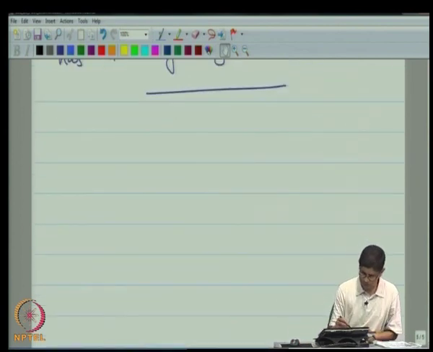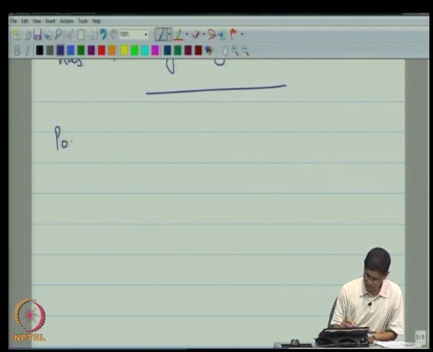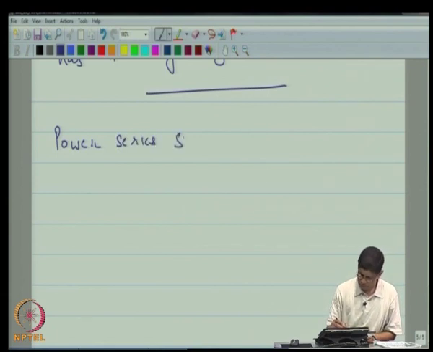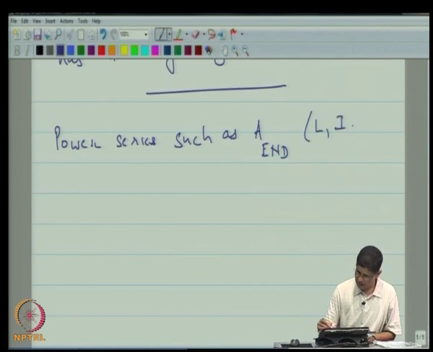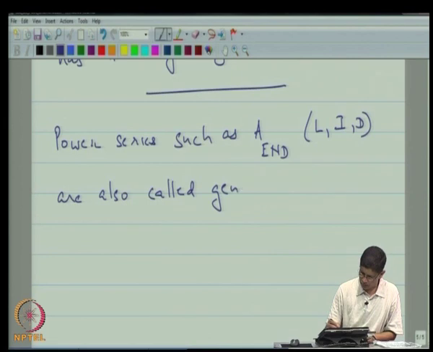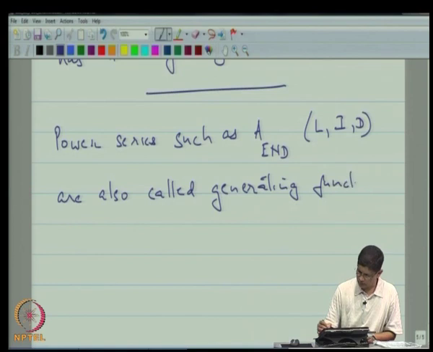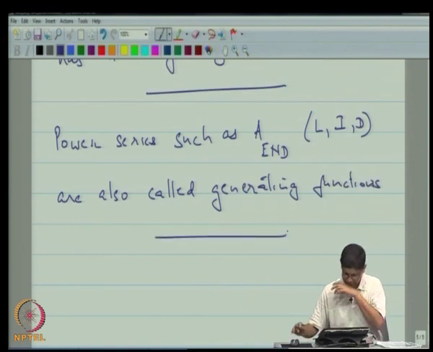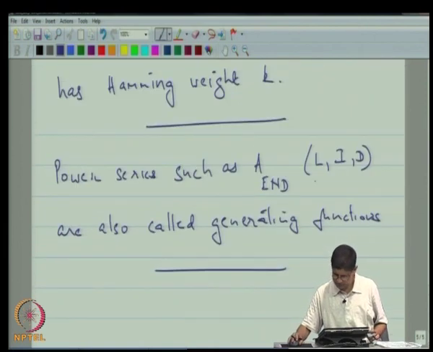Just a quick note that power series such as A and L, I, D are also called generating functions. So what is the equation that I want to set up?